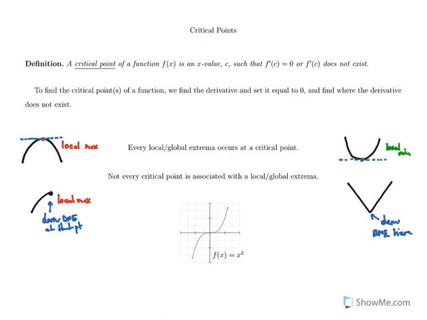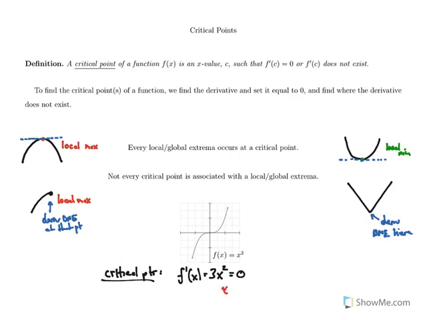The next important fact is that not every critical point is associated with a local or global extrema. Sometimes we get into the habit that extrema and critical points are interchangeable, and that's the case for a lot of problems that we deal with, but it is definitely not always the case. A quick example is x cubed. Let's find the critical points of x cubed. We find the derivative, which is 3x squared, and set it equal to 0.